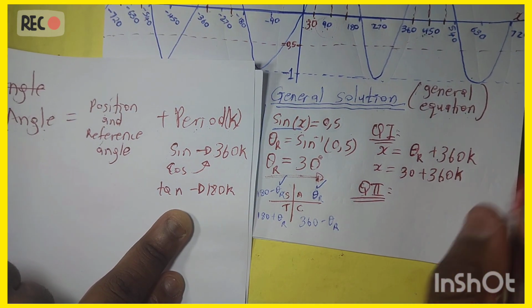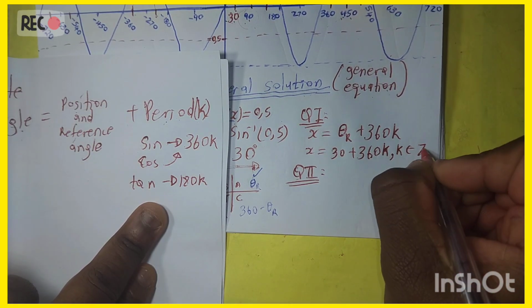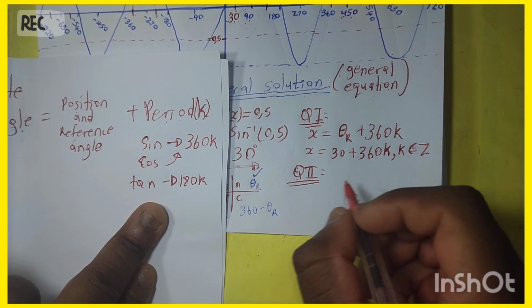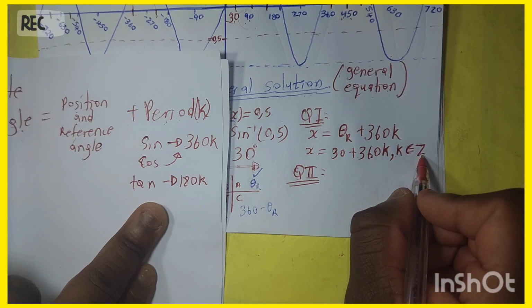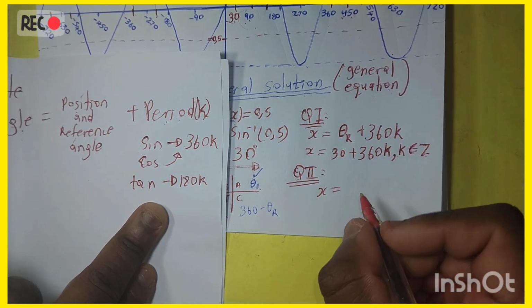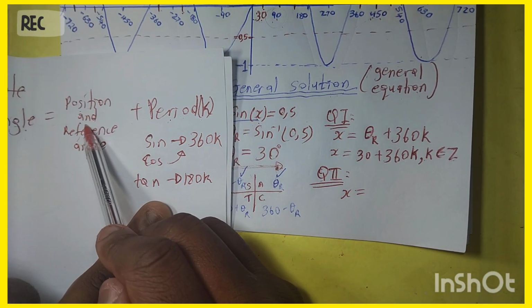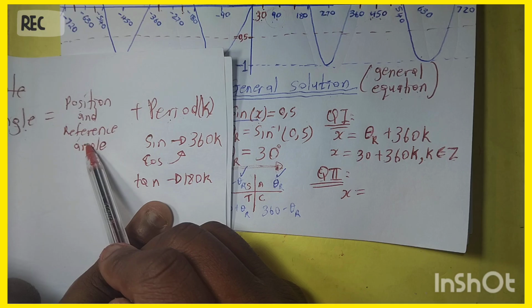Do you see? But it's also, guys, good for you to say that k is an element of all integers here. K is an element of all integers. Then for this one there, you just say x is equal to, which is that x there, it's an angle, and say position and reference angle there.